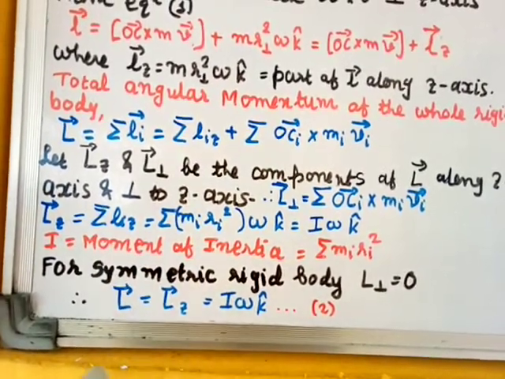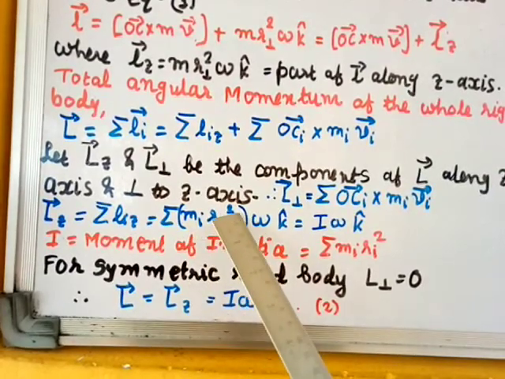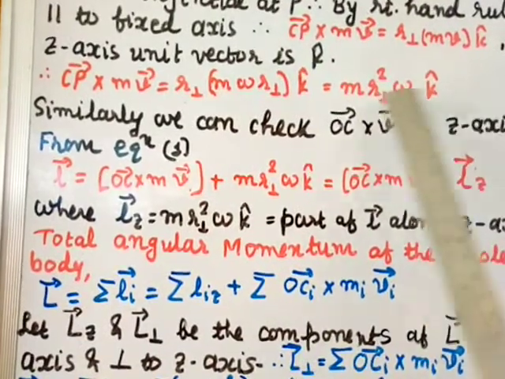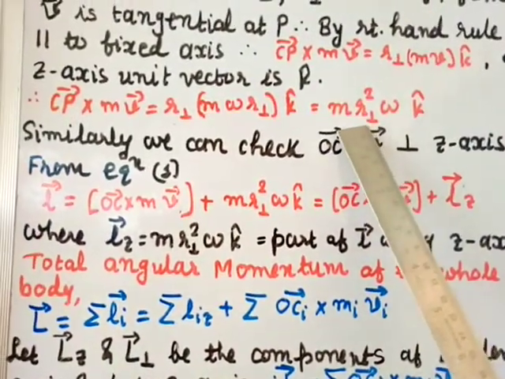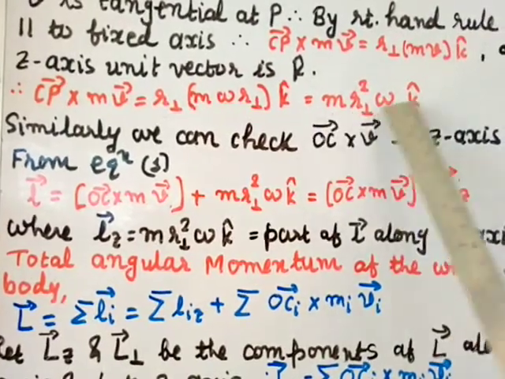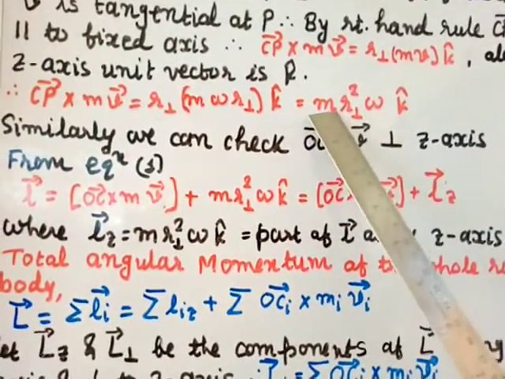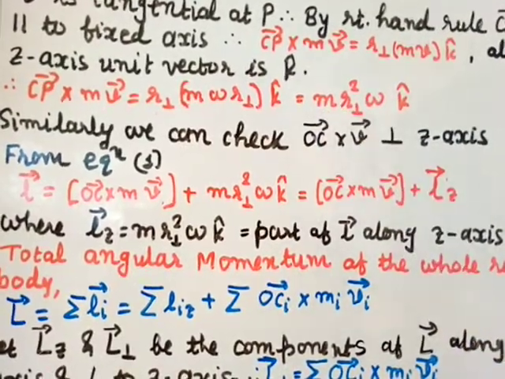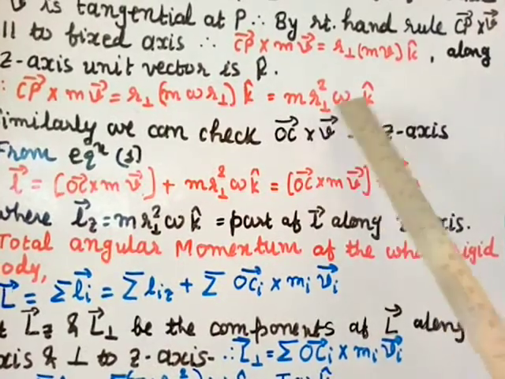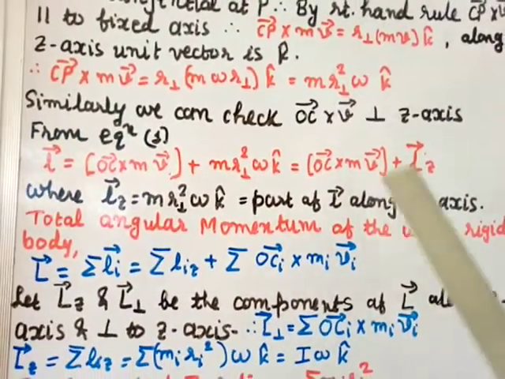We can place the value we have derived: sigma mi ri square omega k. This is what we derived before, m r perpendicular square omega k cap, but that was for the particular point P. For the ith point you write mi ri square. Omega is fixed, because for the whole body the angular velocity is the same, so omega will not change, and along the z axis, so k cap.